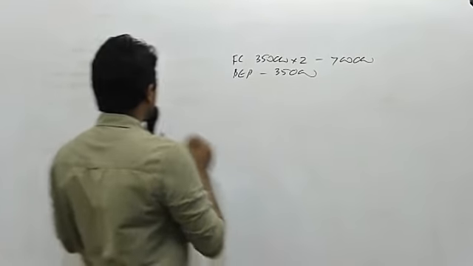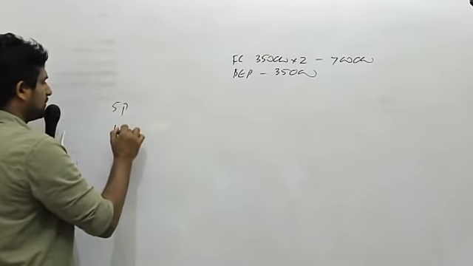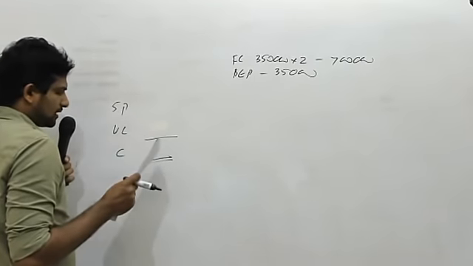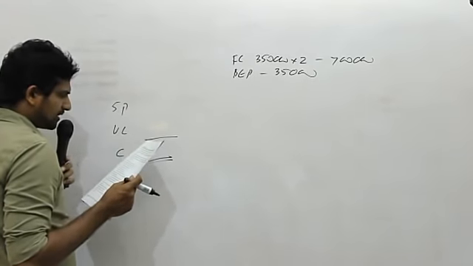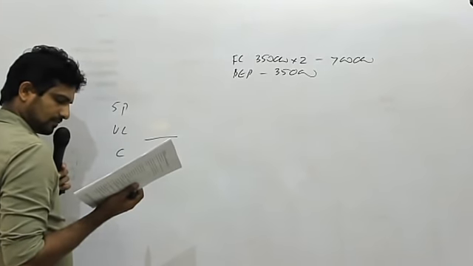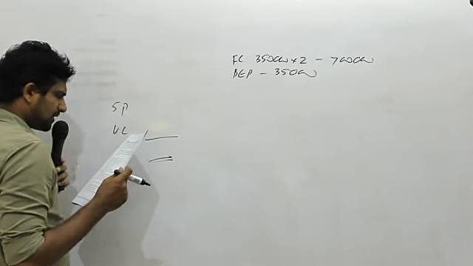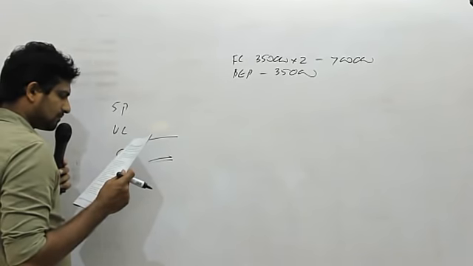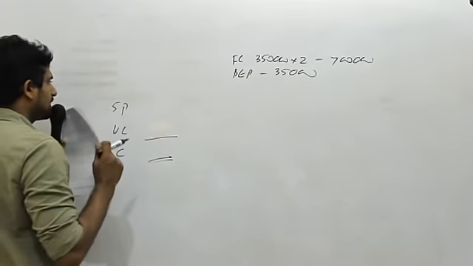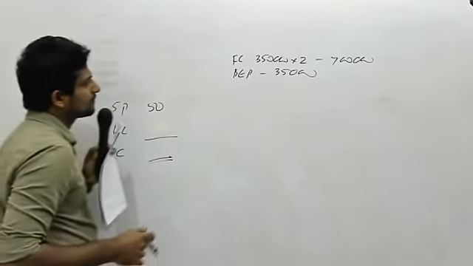You know the selling price minus variable cost is the contribution. They are asking you to calculate the decrease in variable cost. Nothing is told about the selling price, so the sales price doesn't change. What are you assuming this way? Sales price doesn't change. 50.